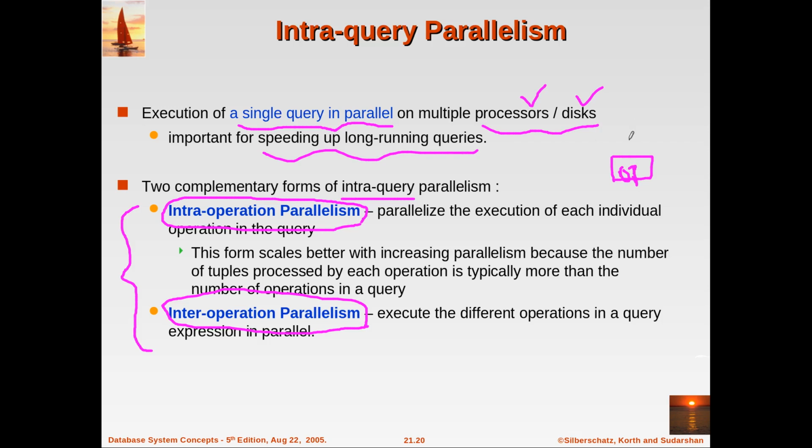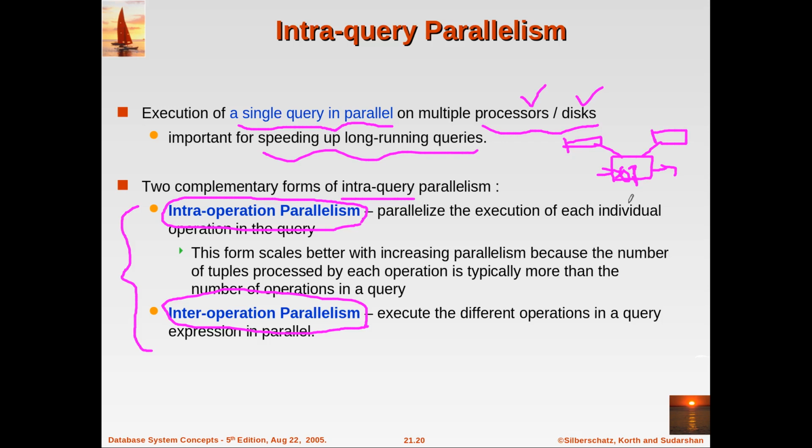One portion of the same operation is given to one processor and some other portion is given to some other processor. The same operation will be executed in parallel by distributing that task to two or more processors or disks. That is called intra-operation parallelism.